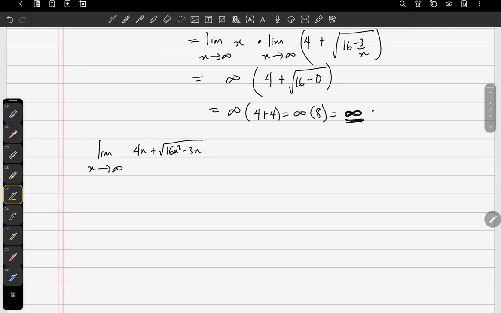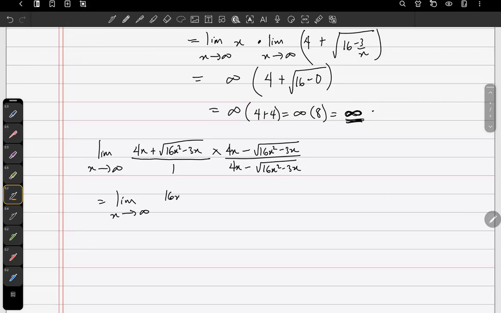We only think of multiplying by the conjugate in cases where we have, in the main expression, infinity minus infinity. But let's see what will go wrong here if we decide to conjugate this. So we're going to have times 4x minus the square root of 16x squared minus 3x over 4x minus the square root of 16x squared minus 3x. And this is going to be equal to this.